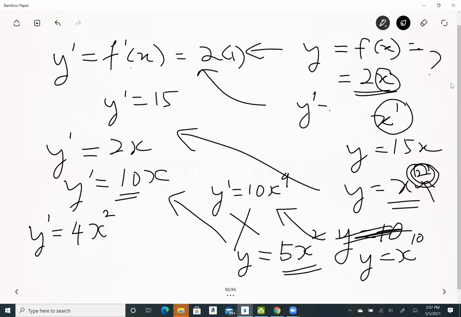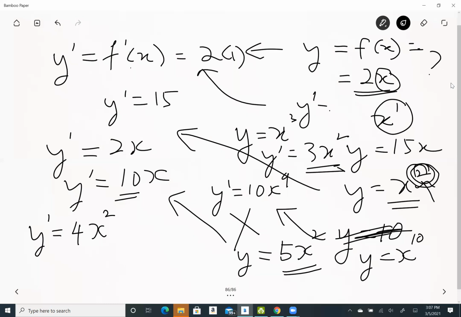Should be 3, because by derivative you reduce the power by 1. So here, to find the function, you just increase the power by 1. So the power to the x must be 3. So now you have to make an adjustment to the constant. By bringing down the power, which is 3, you multiply by something, you get 4. So if you have just x cubed, y equal to x to the power of 3, y prime is equal to 3x squared.